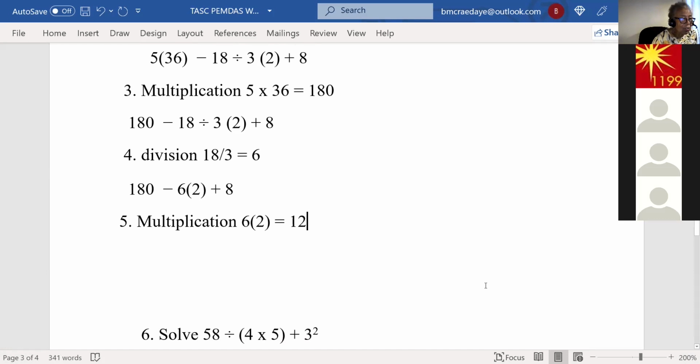Okay, so we've got 12. Now let's just copy this and put our 12 in. So that's minus 12. So what's the answer, Maureen? What do I do next?